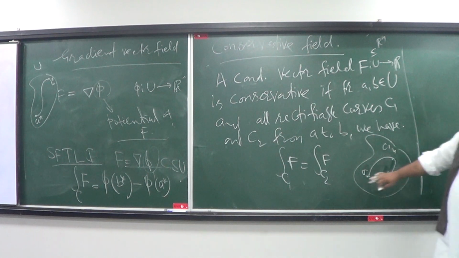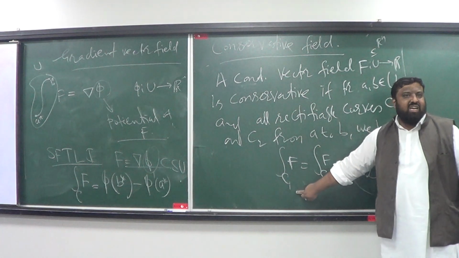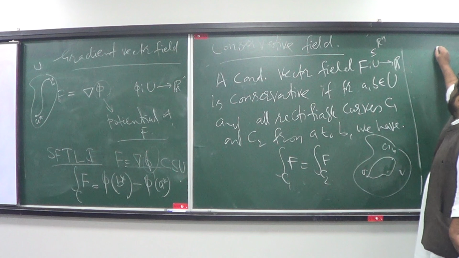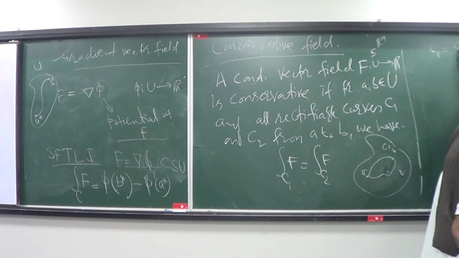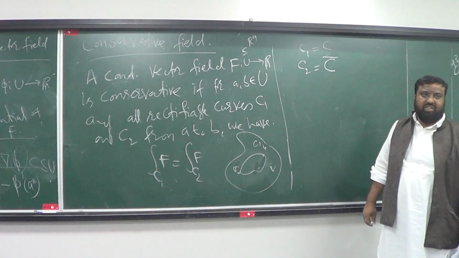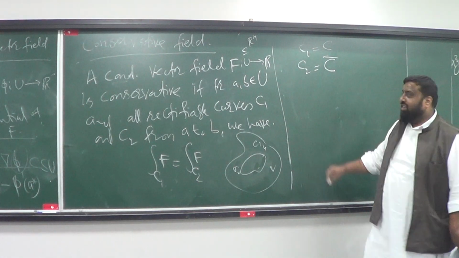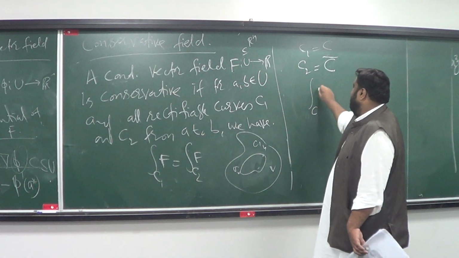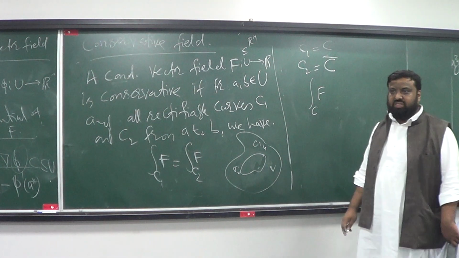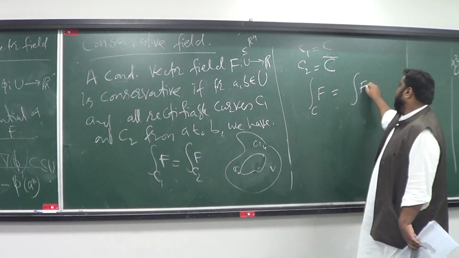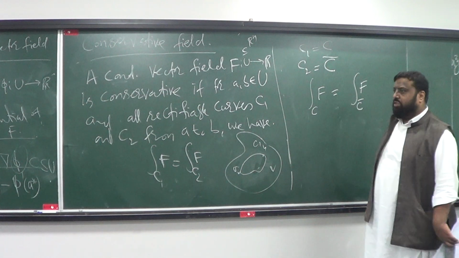Think about it. If this is true for any curves C1 and C2, take C1 to be C and take C2 to be the reverse curve of C, and compute the integral. So this integral is going to be over C, and this integral is going to be the integral of F over the reverse path.